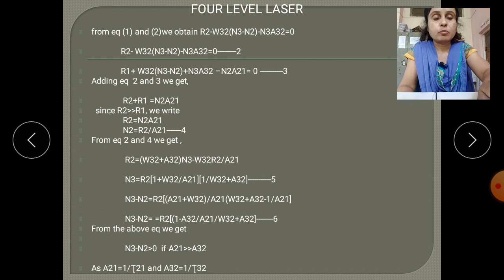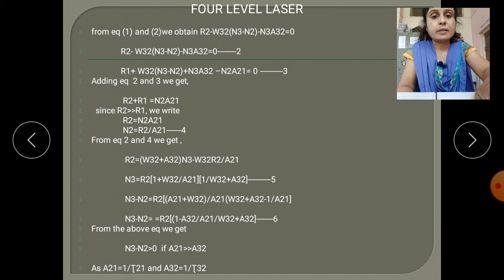From the above equation we can derive that for population inversion from the higher level to the lower level, N3 minus N2 must be greater than or equal to 0. This holds if A21 is greater than A32.